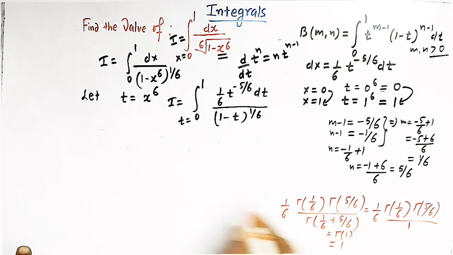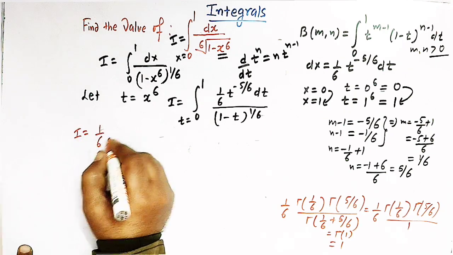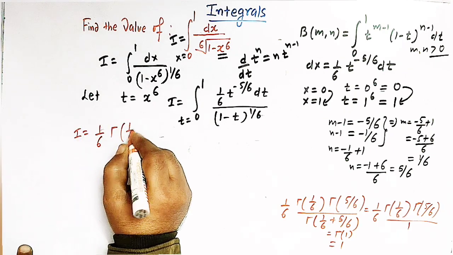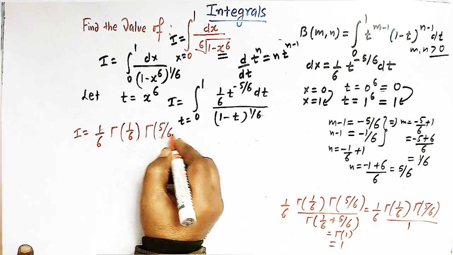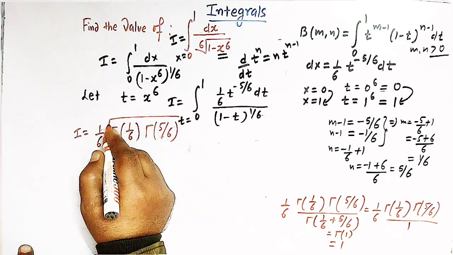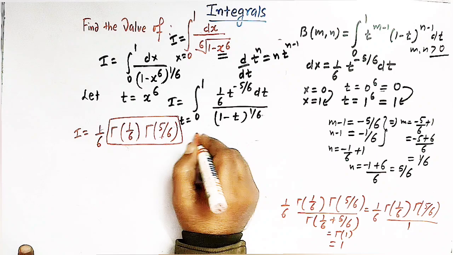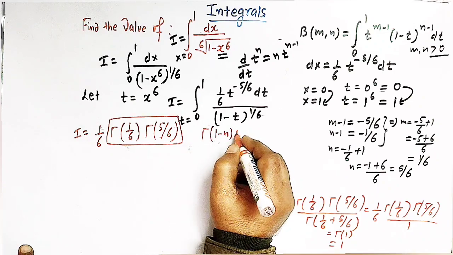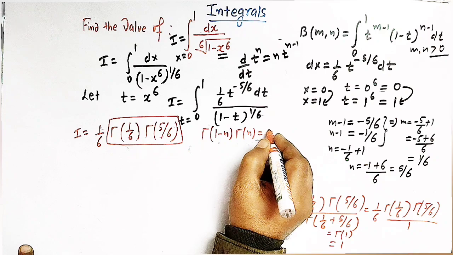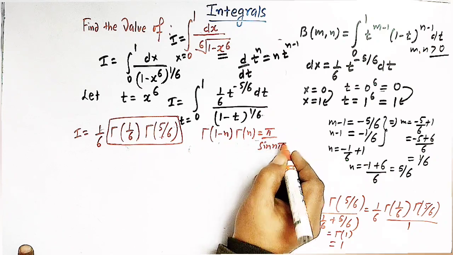So now we can write the value of the integral I as 1 over 6 times gamma 1 over 6 and gamma 5 over 6. Now to get the value of this expression, we have to make use of the famous Euler's reflection formula. The reflection formula goes like this: gamma 1 minus n times gamma n is equal to pi divided by sine n pi, right?